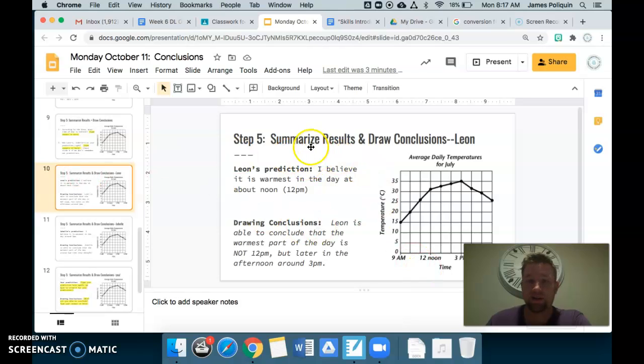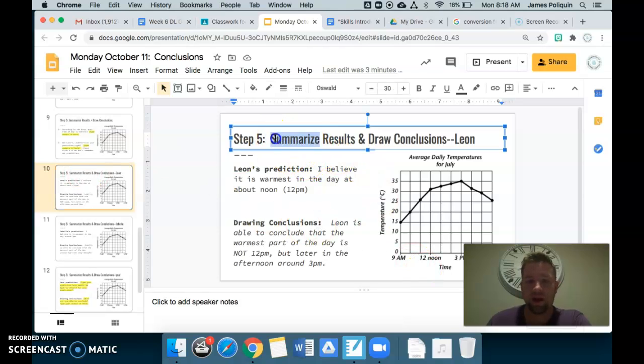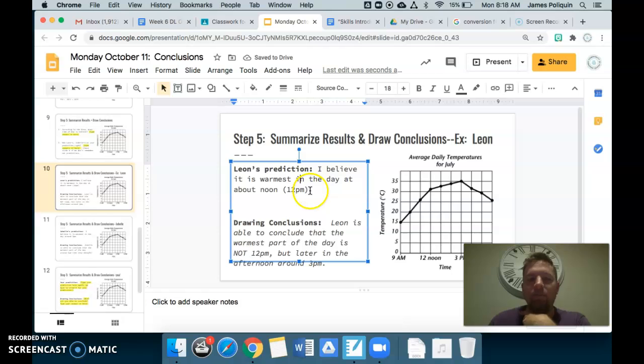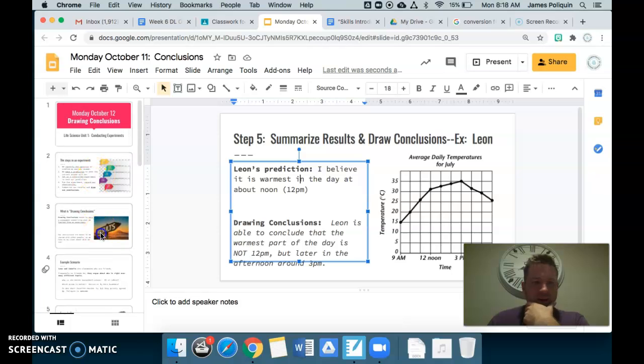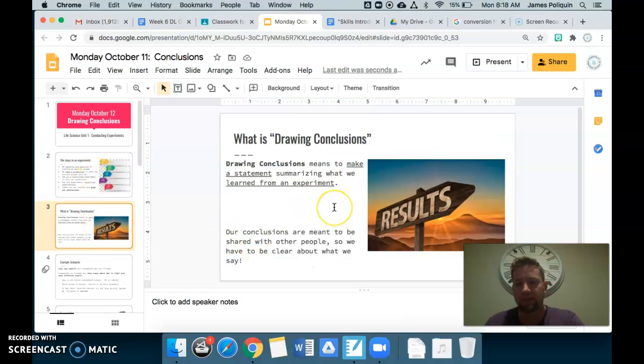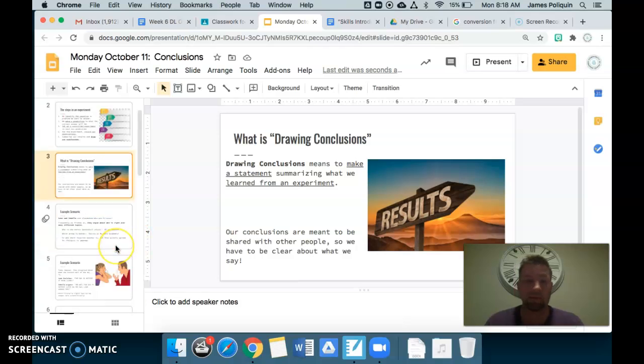Slide 10, we are going to summarize our results and draw conclusions from Leon. This is an example. So Leon's prediction: I believe it is warmest in the day at about noon. So drawing conclusions again, we make a statement summarizing what we learned from an experiment.